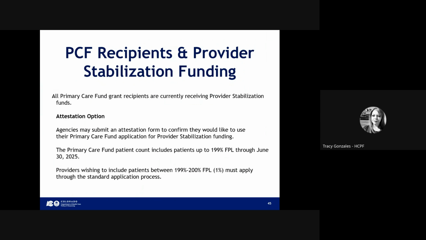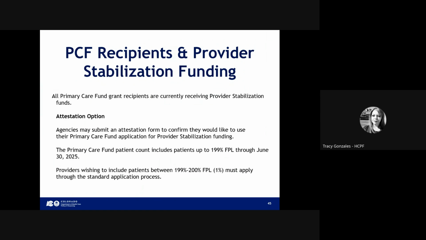The primary care fund patient count includes patients up to 199% of the federal poverty level through June 30th, 2025. So any providers wishing to include patients between 199 and 200% of the federal poverty level, so that 1%, must apply through the standard application process.